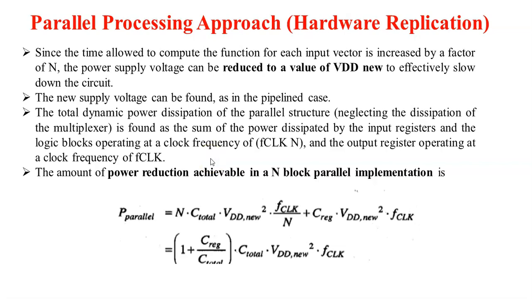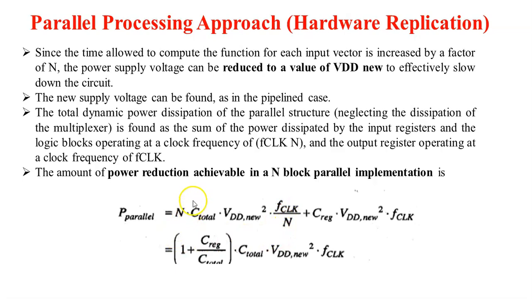the register. So the power dissipation for the parallel structure is equal to n into C total into VDD nu square into F clock by n. Here, for the individual logic block and the corresponding register, the clock frequency is given by F clock divided by n.